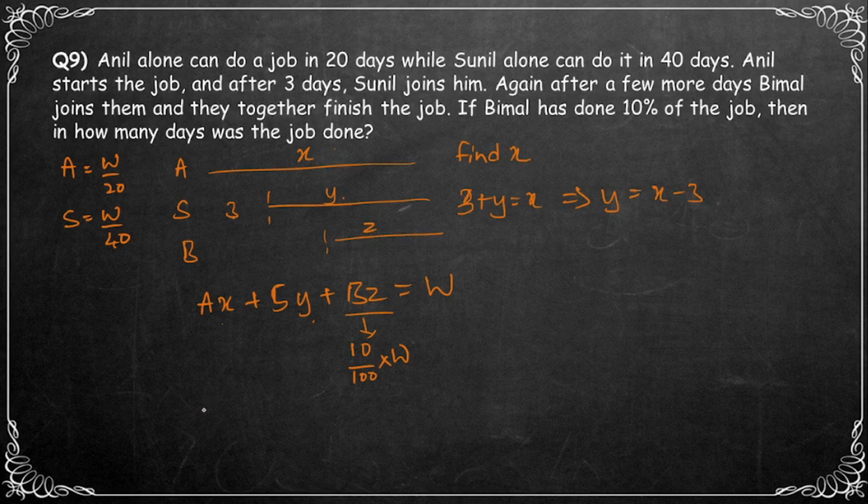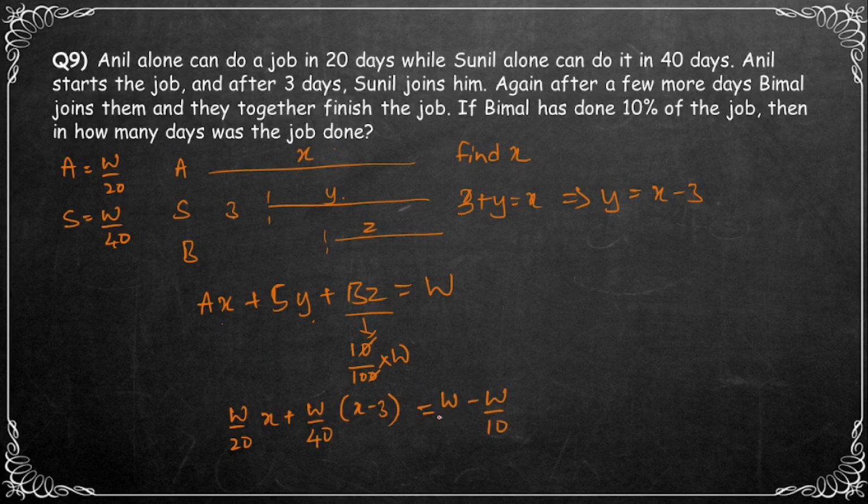So A into X plus S into (X minus 3) plus W by 10 is equal to W. A is nothing but W by 20, S is nothing but W by 40, Y is nothing but X minus 3. If W by 10 goes that way, it becomes minus W by 10.